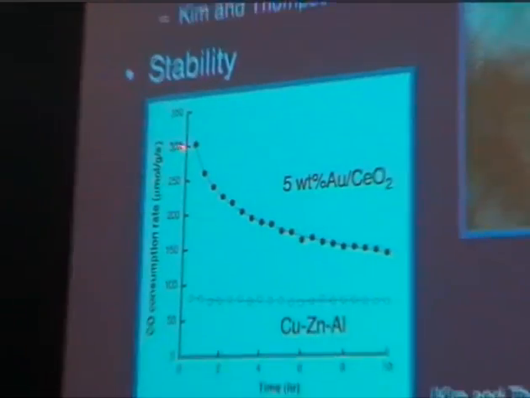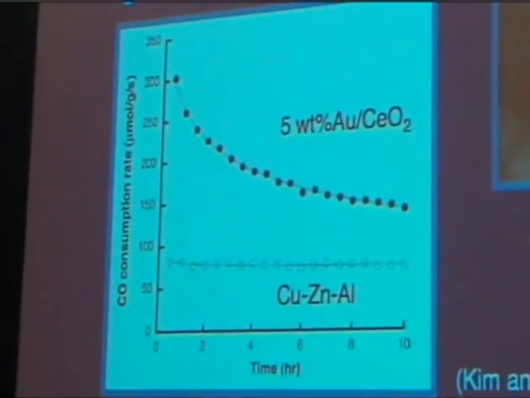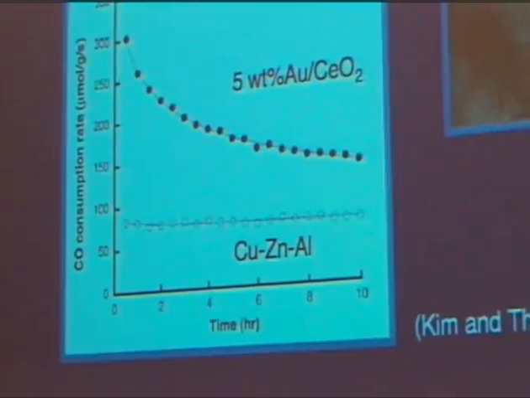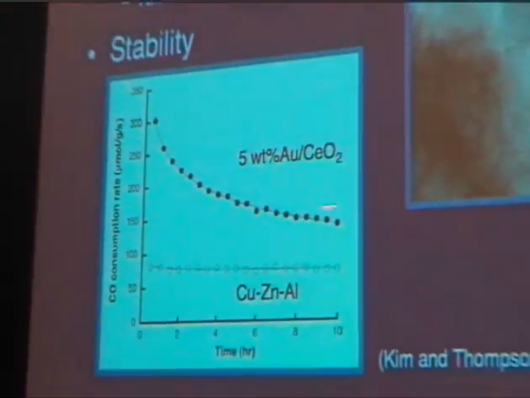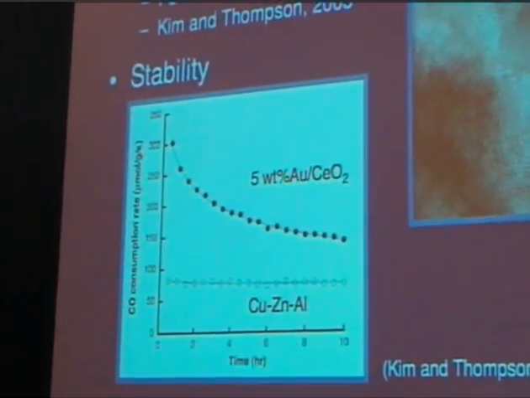And our group recently reported that the gold catalyst is much more active than the commercial copper zinc alumina catalyst. As you can see here, initially the 5% gold on ceria was almost 5 times more active than the commercial copper zinc alumina catalyst. However, it is very susceptible to deactivation, and it lost more than 50% of its initial activity after 10 hours time on stream.